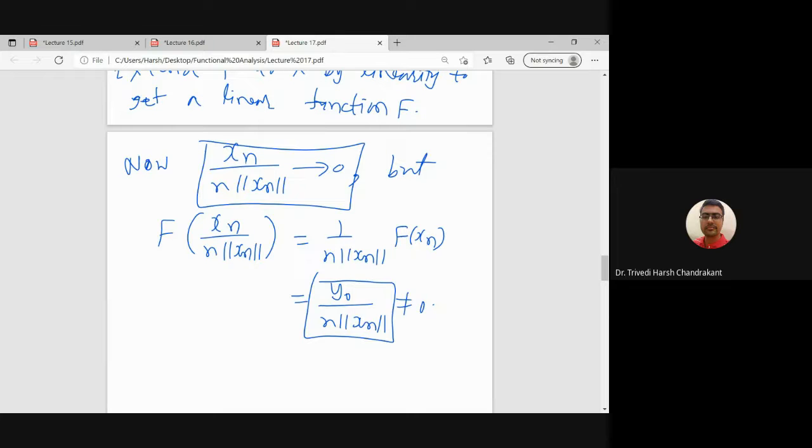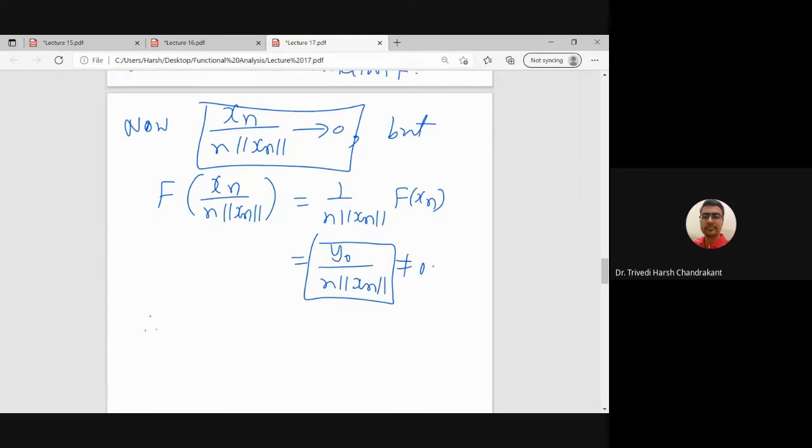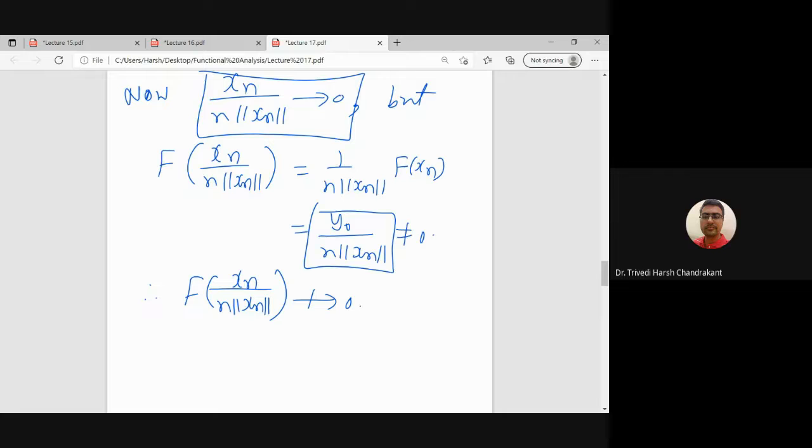Therefore f of this element cannot converge to 0. So this gives us the idea that f is not continuous.